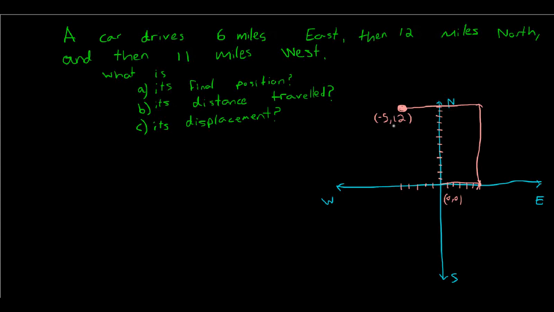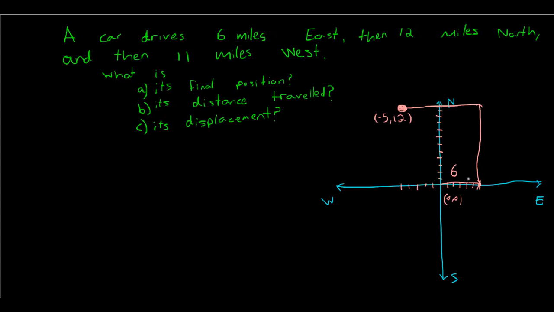Now, for the next question, what is its total distance traveled? Now remember, total distance traveled is a scalar, and direction is not important. So in order to figure that out, all we do is add up all the individual steps that the car took. First the car went 6 miles east, and the fact that it went east doesn't even really matter because, again, distance is a scalar.